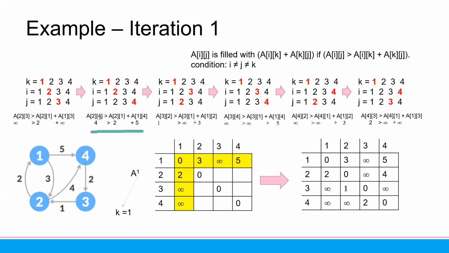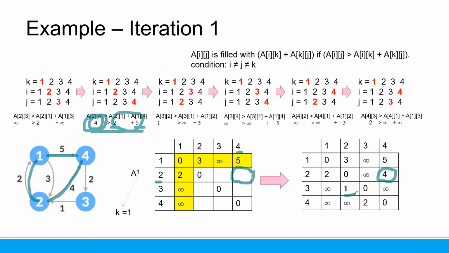So 2 to 4, what is 2 to 4? 2 to 4, we have 4. If we go via 1, 2 to 1 is 2, and then 1 to 4 is 5. So 7 and 4. So the minimum will be 4.